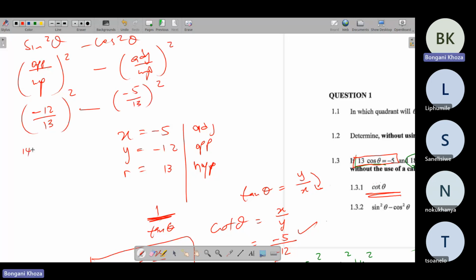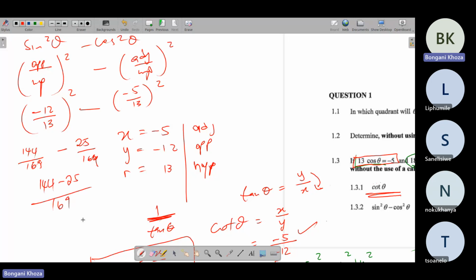So this will give me 144 over 169 minus 25 over 169. These are fractions. I cannot add or subtract if the denominators are not the same. My denominators are 169 and 169, so I can just say 144 minus 25 divided by 169.